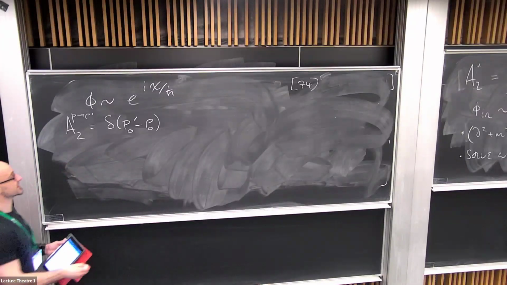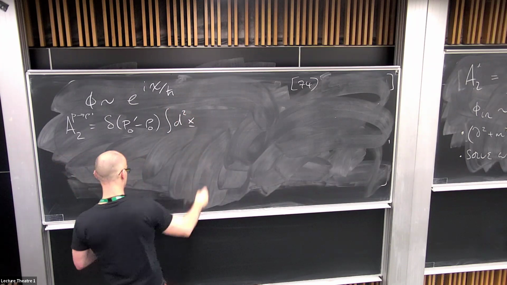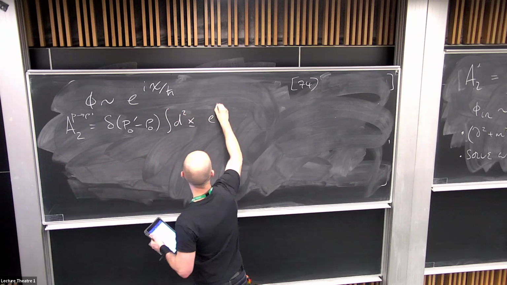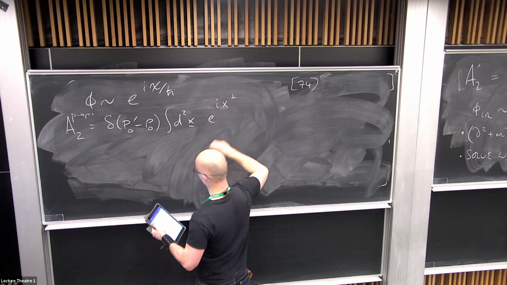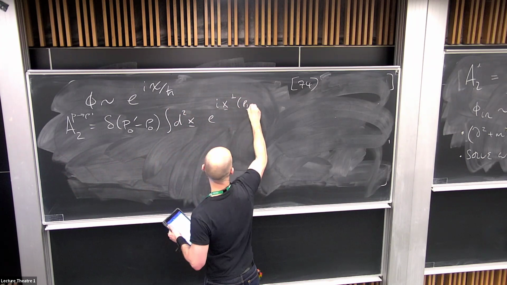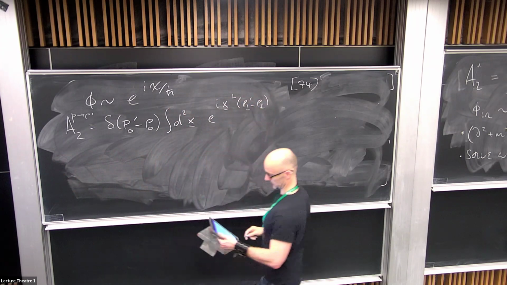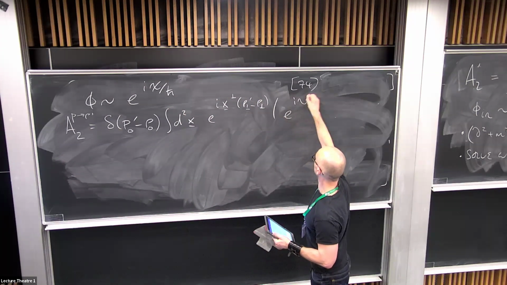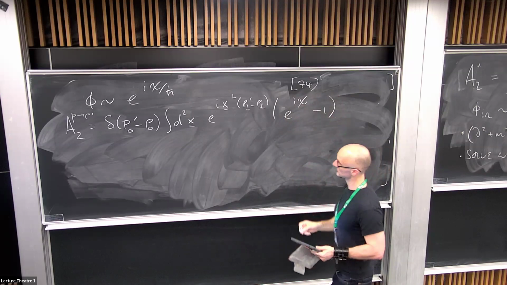And then you get some two-dimensional integral. They should all start looking very familiar. e to the i q perp dot x perp, and the e to the i chi minus 1.